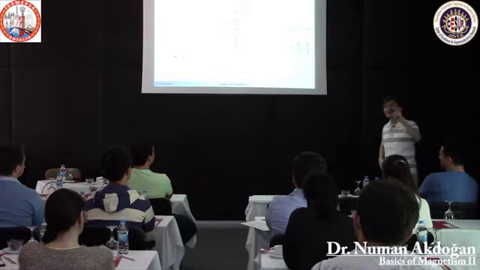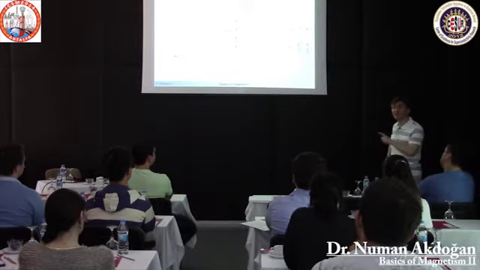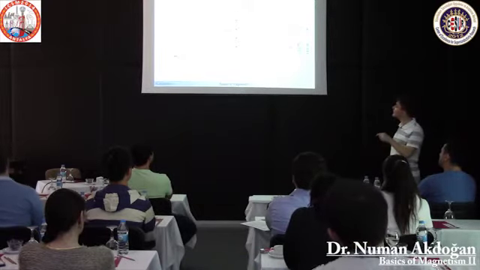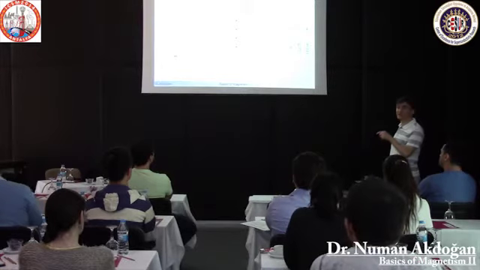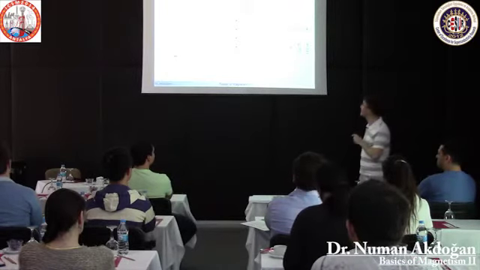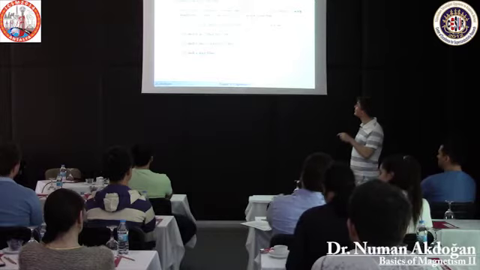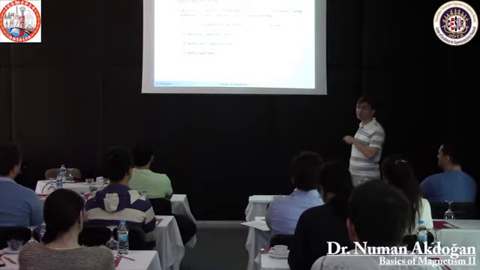Total spin S must be maximum. So I should put these spins in the same direction, but in different orbits, because the Pauli exclusion principle does not allow putting them in the same position. Then I have 5 electrons here, I put them, but what about total orbital angular momentum?